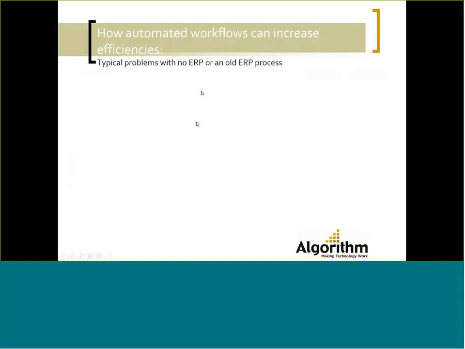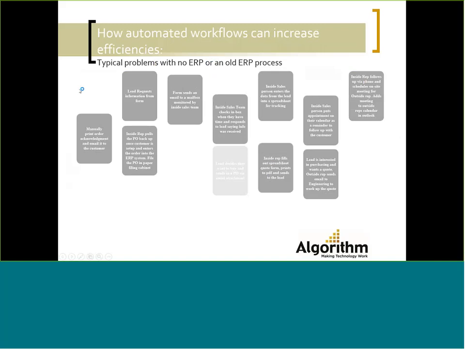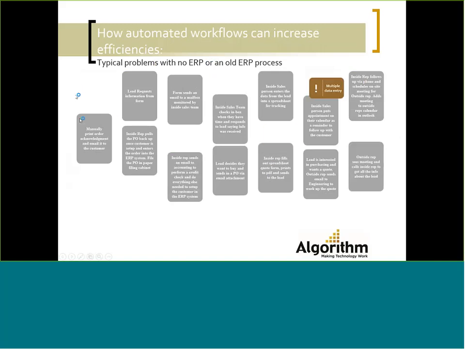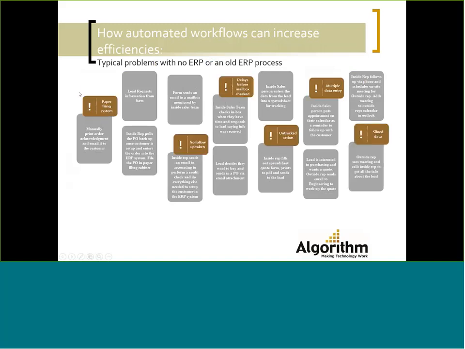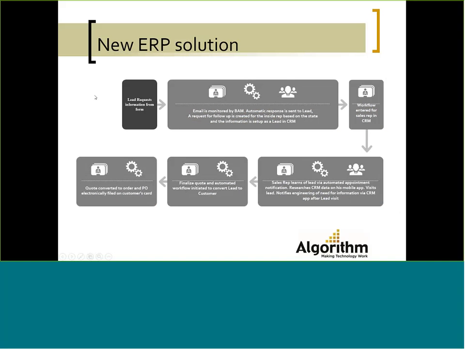So typical problems with no ERP or an old ERP process. You know, you have a lot of manual steps, you have paper filing, you have delays, you don't know where people are. I know that we got a quote. I don't know where the quote is. It didn't get entered. Who's responsible for it?